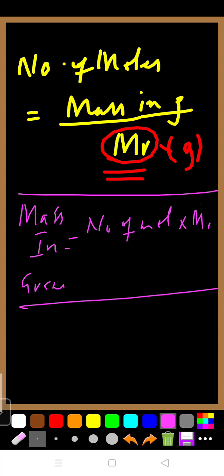Mass in gram का formula होगा number of moles into mr. For example, अभी मैं example आपको देती हूँ. We will calculate the mass in gram of 2.5 moles of sodium atom. Let's calculate mass in gram of 2.5 moles of sodium. कैसे निकालेंगे पता है?